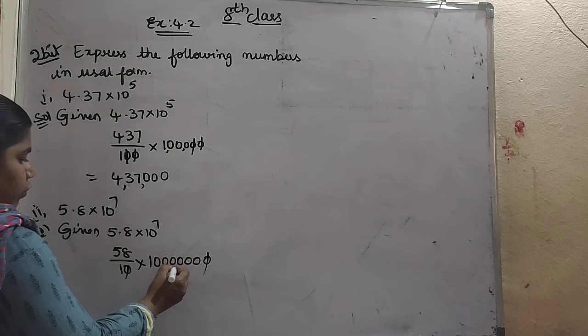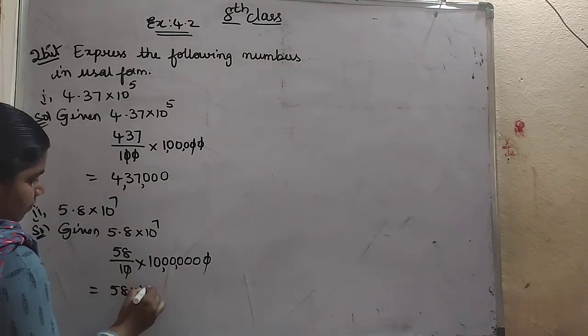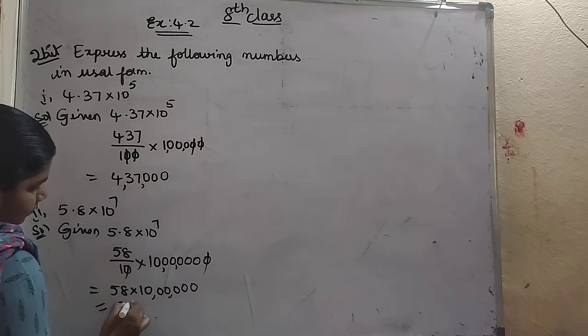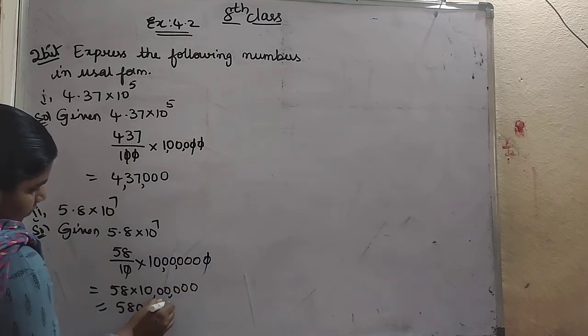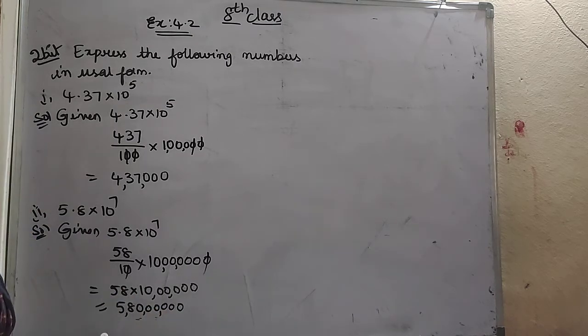So 58 into 10 lakhs will be 5 crores 80 lakhs is our answer.